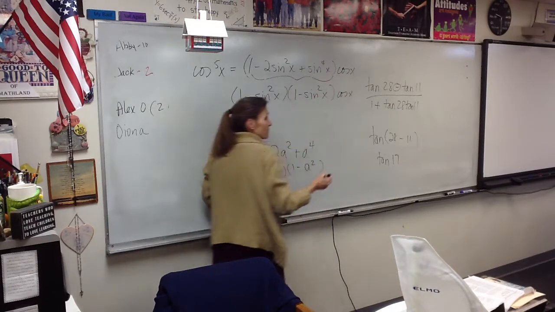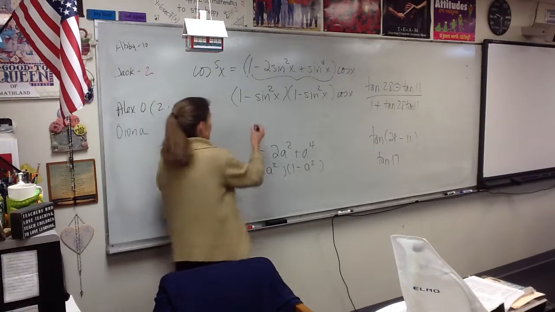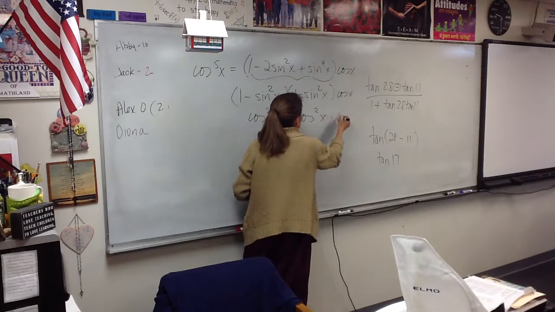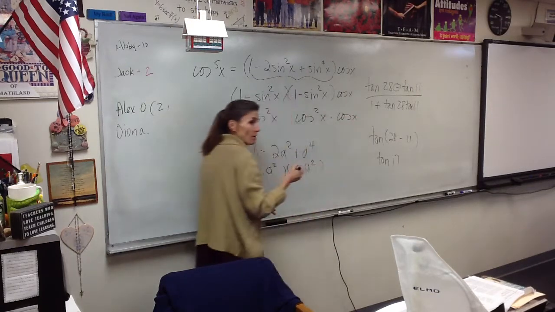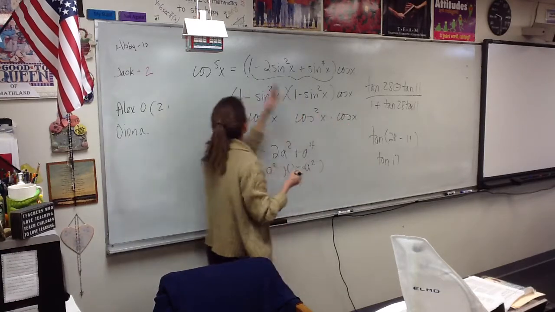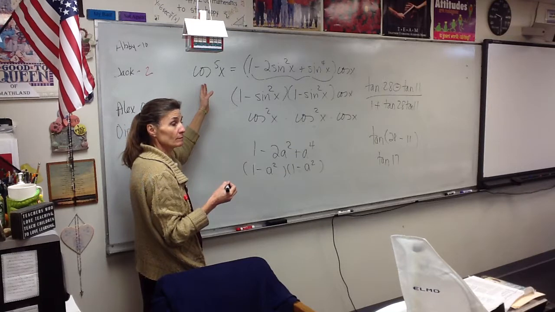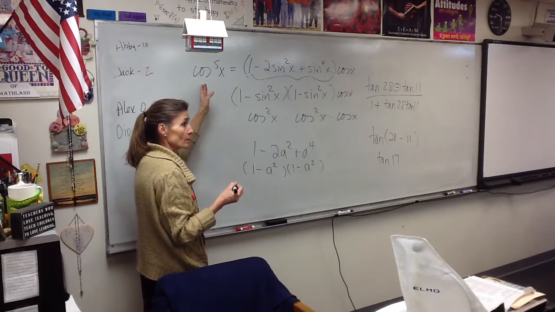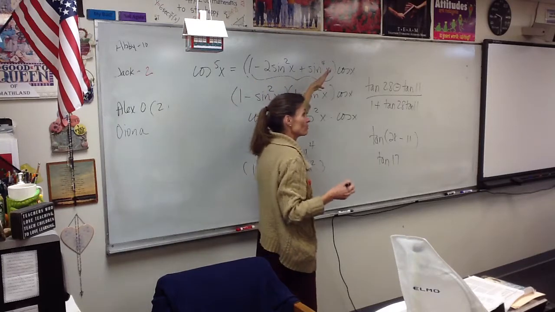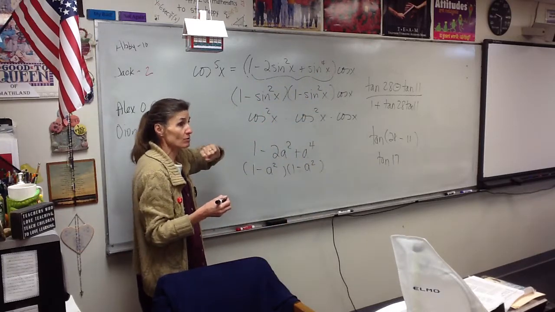Now wait a minute. What's 1 minus sine squared? Cosine squared. So we got a cosine squared here, a cosine squared here, and the cosine that was in the original problem. Cosine squared, cosine squared, cosine gives me my cosine to the 5th. You have to kind of be on the lookout for regular arithmetic stuff, like distributing and factoring and common denominators.